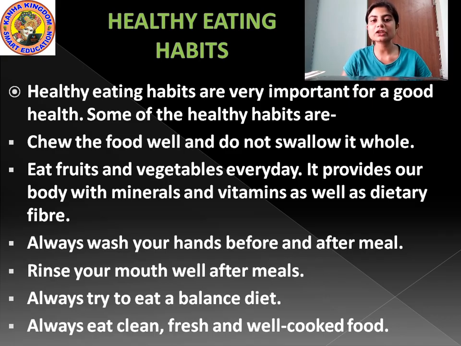The food that we eat should be very well cooked, because if we eat raw food, the digestion of the food will not take place properly, and then we will have an upset stomach, pain in our stomach. So we must always eat clean, fresh and well cooked food.